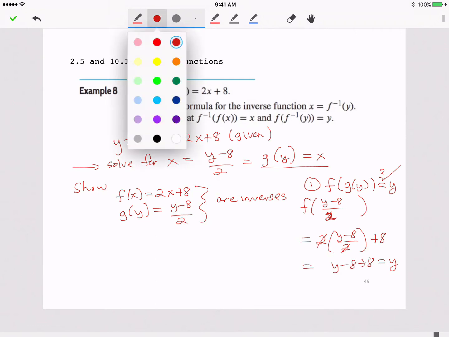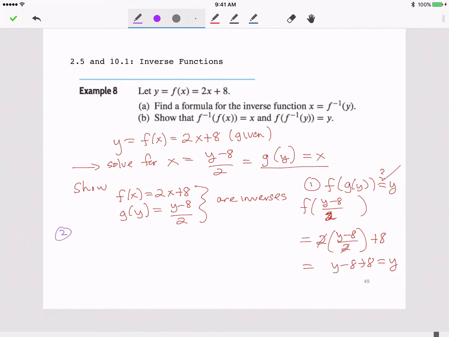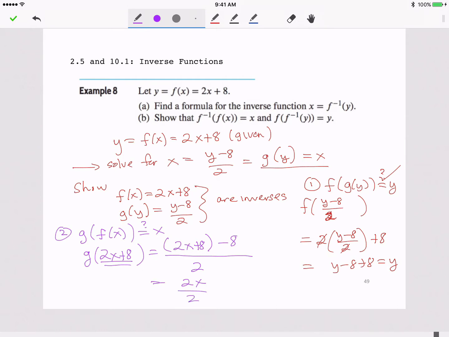The second thing you need to show is that g composed with f of x is in fact equal to x. F of x was equal to 2x plus 8, but the function g says that we have y minus 8 over 2, and what's playing the role of the y is 2x plus 8. The 8's cancel, and then the 2's cancel, so g composed with f of x is x.